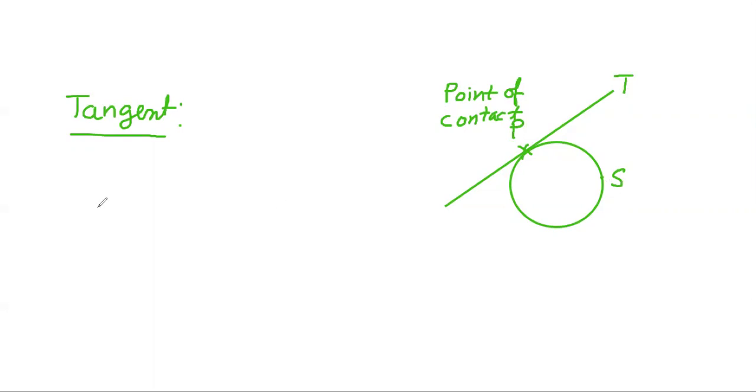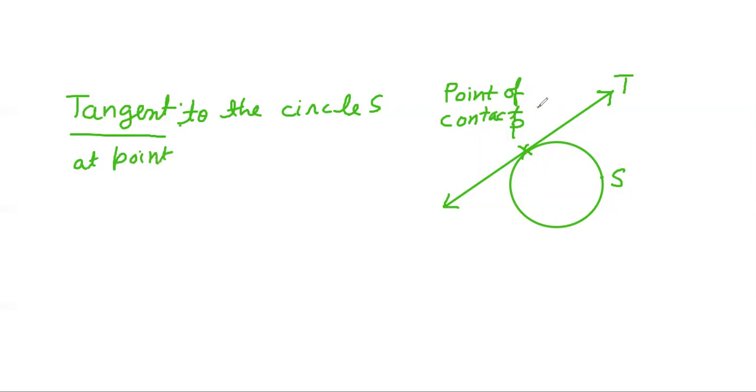So now, what is the equation of tangent? Tangent is a straight line. Now we want to write down the equation of tangent. First, you see tangent to the circle S at a point.